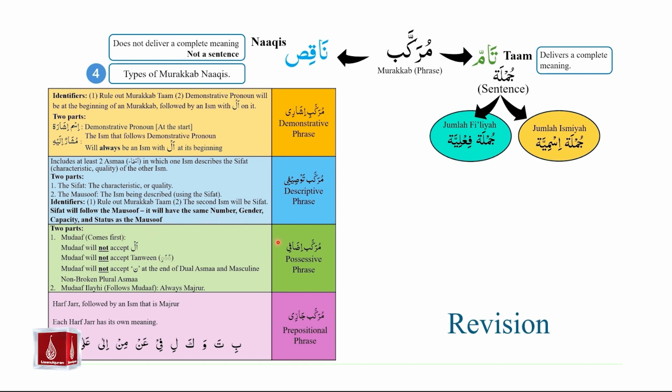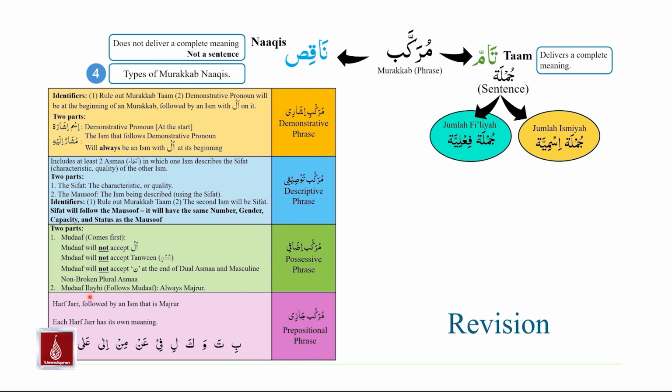The third type of murakkab that we studied was murakkab izafi or possessive phrase. Murakkab izafi has two parts, the mudaf and mudaf ilayh. The mudaf comes first, and there are some rules for mudaf. Mudaf will not accept al, mudaf will not accept tanween, mudaf will not accept noon at the end of dual asma and masculine non-broken plural asma.